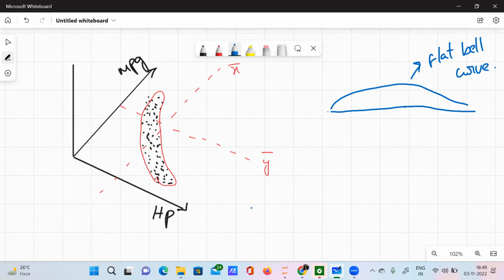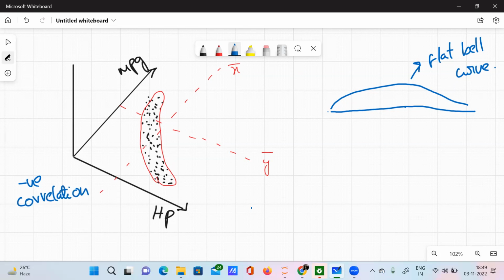Because if horsepower is decreasing, then miles per gallon will definitely increase. So by this graph we know that the hp, that is the horsepower column, and the miles per gallon have a strong negative correlation here.